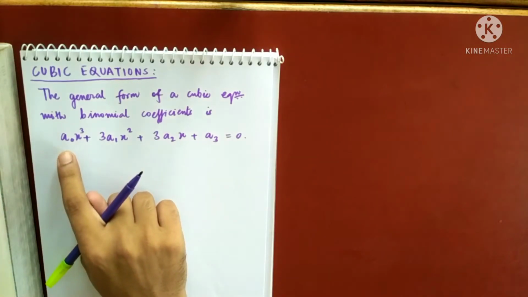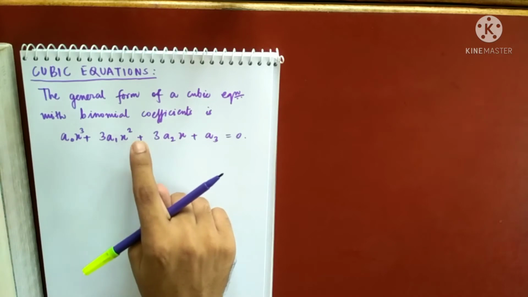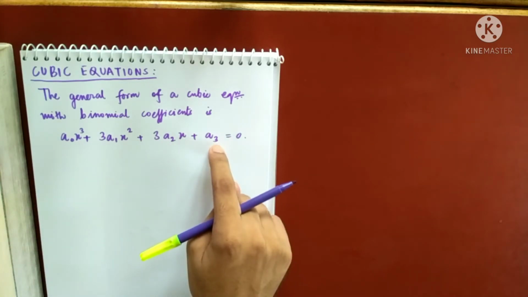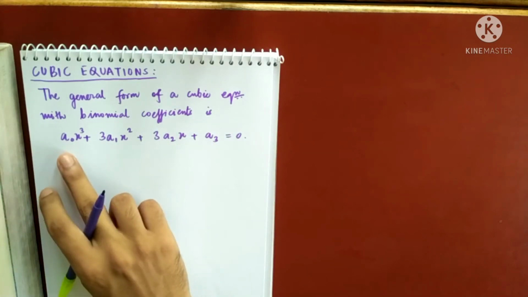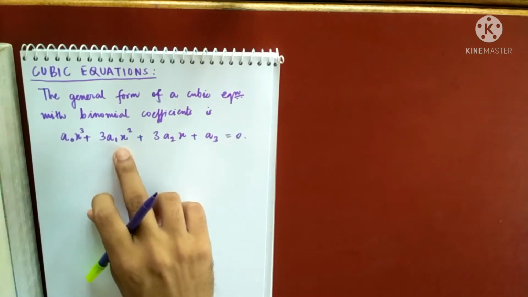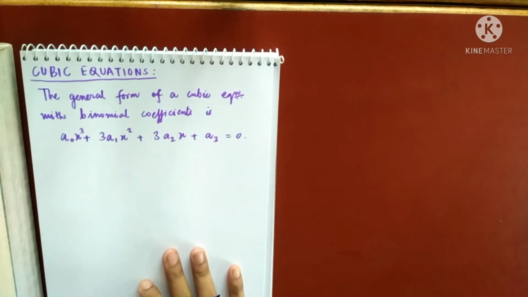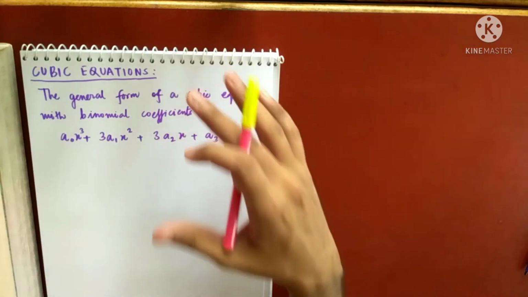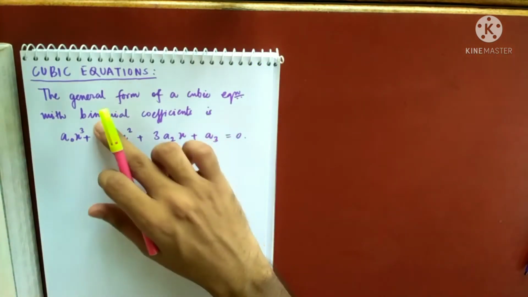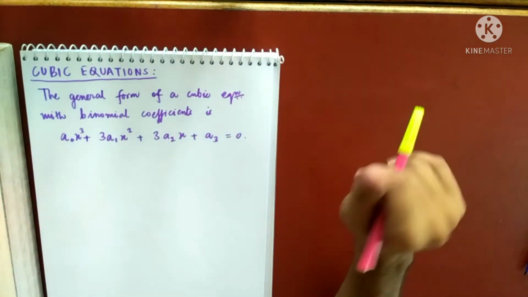So instead of taking just a0 x cube, a1 x square, a2 x plus a3, we will take a0, 3a1, 3a2 and a3. This will be the general form that we will be considering. This is what is called a general form of cubic equation with binomial coefficients.